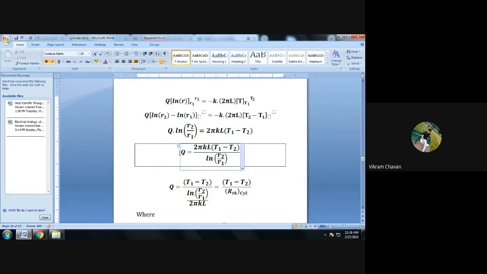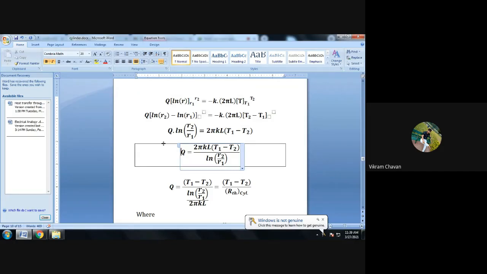So q is equal to 2 pi kL multiplied by t1 minus t2, whole divided by ln of r2 divided by r1. Getting everyone? Whether you understood or not?